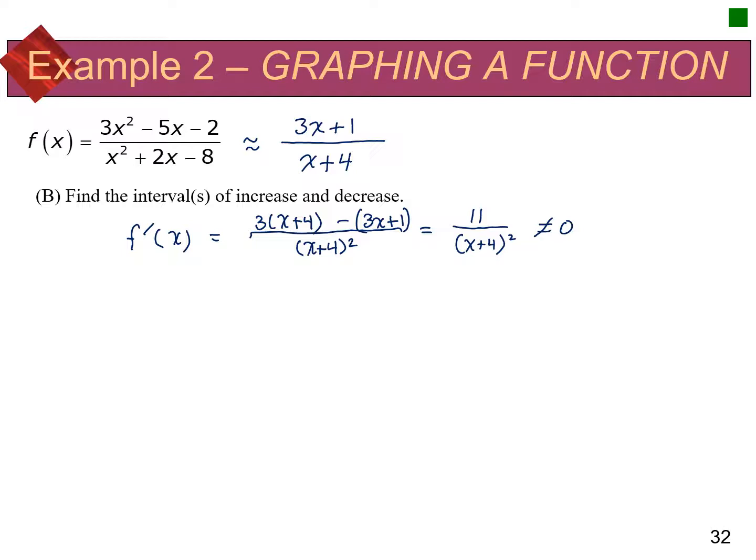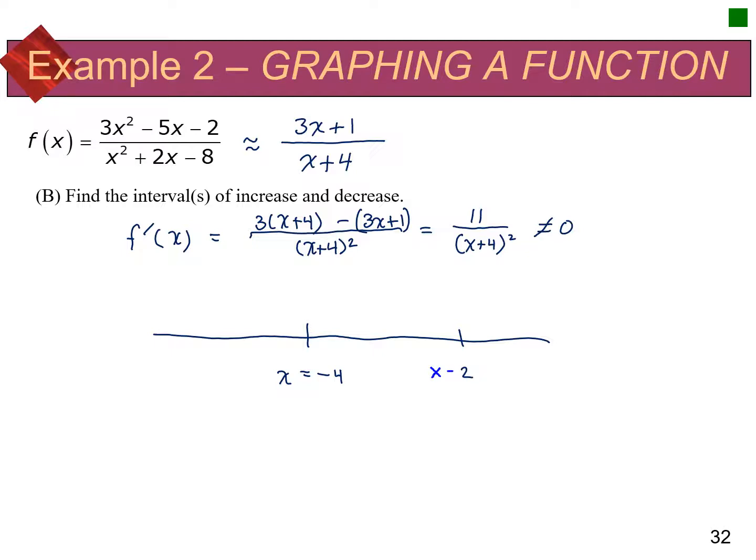So as a result, I don't have any potential critical points, but I should still set up a sign chart, and that sign chart is going to be set up with the x values that were my domain restrictions. So x equals -4 and x equals 2 is where I'm going to set up my sign chart.